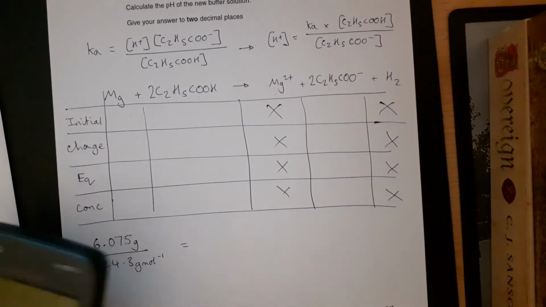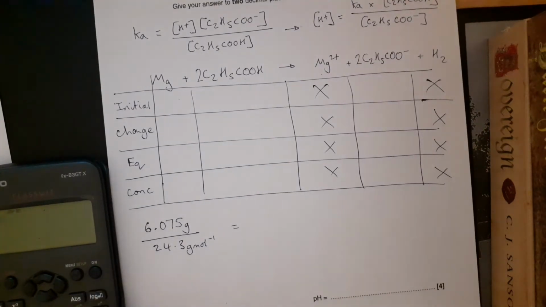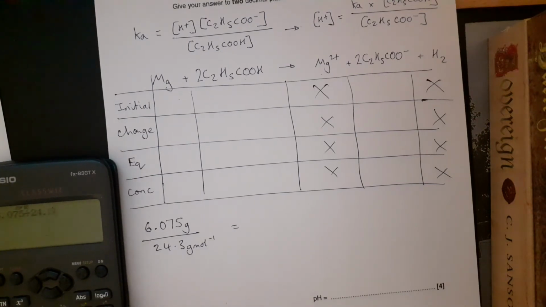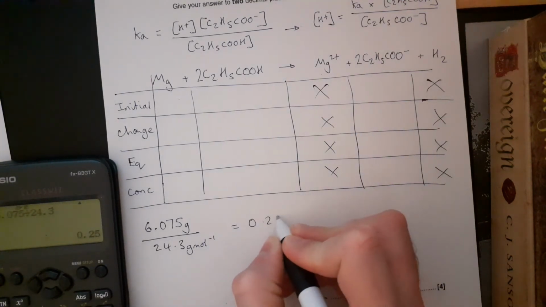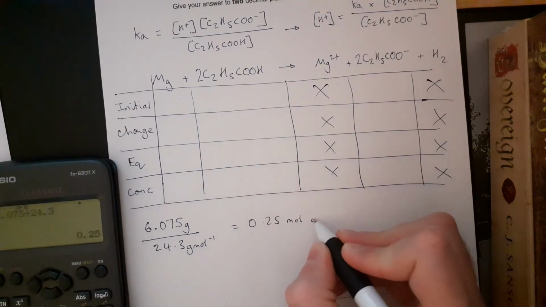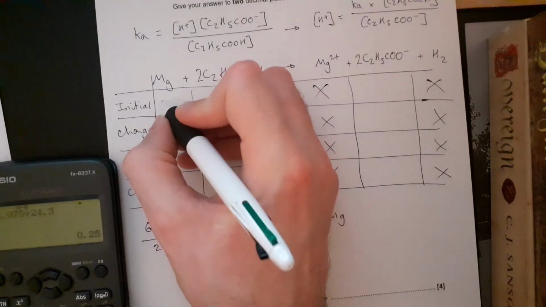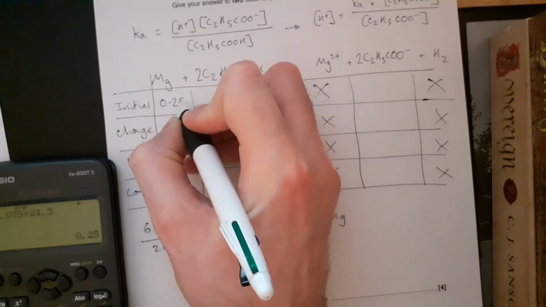And if we work that out, we're going to get 6.075 divided by 24.3. 0.25. So that's what we've got to start with for our magnesium.